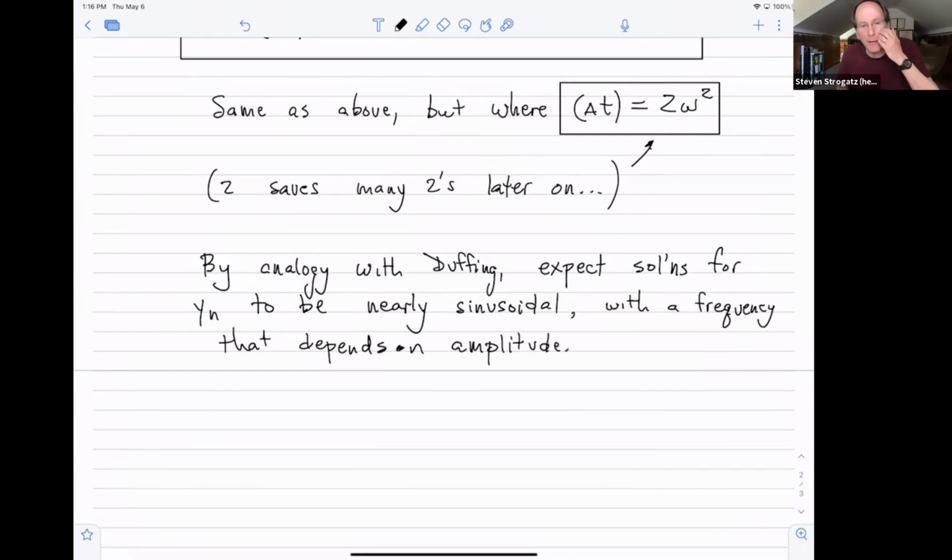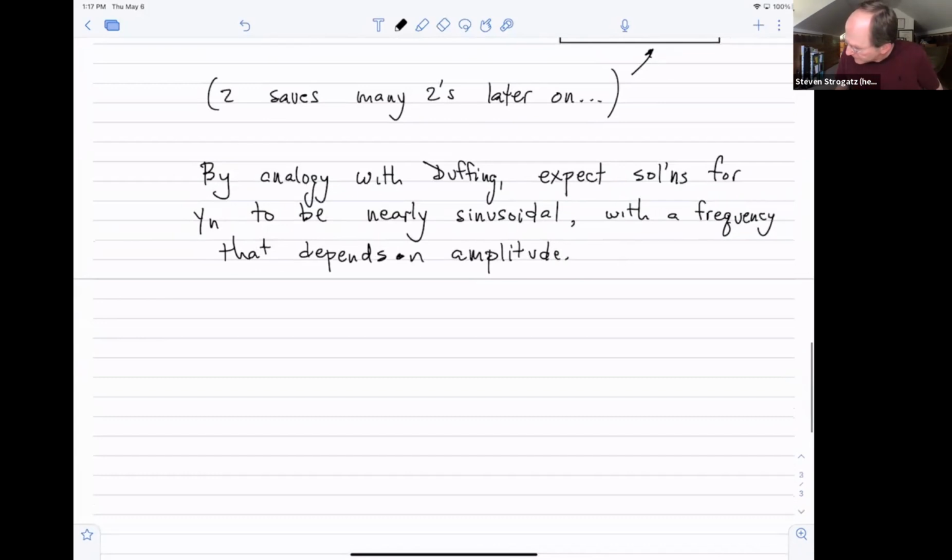I mean, hopefully you remember that with the Duffing equation, when it oscillates at larger amplitude, you're sort of sampling more places where the spring is stiff. And so that's going to raise the frequency in a way that depends on the amplitude. So anyway, we saw all that, and we're going to see it again.